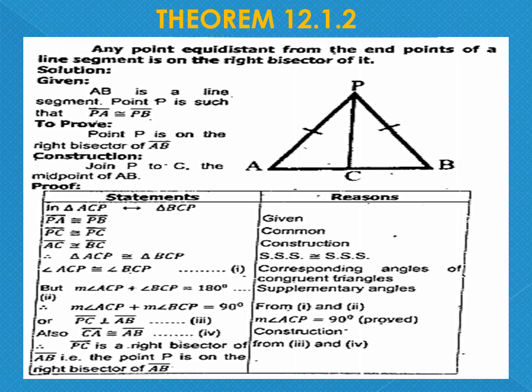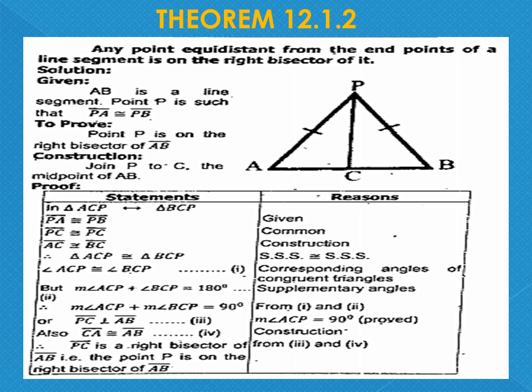Here, what is given? Any point equidistant from the endpoints of a line segment. It means there is a line segment and any point above the line segment is given, and it has equal distance from the endpoints of the line segment.